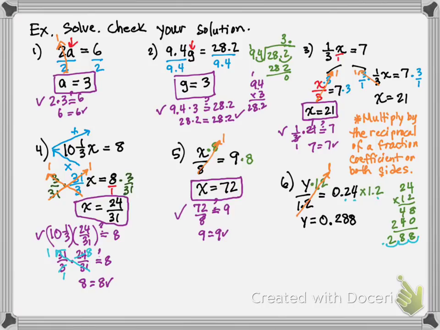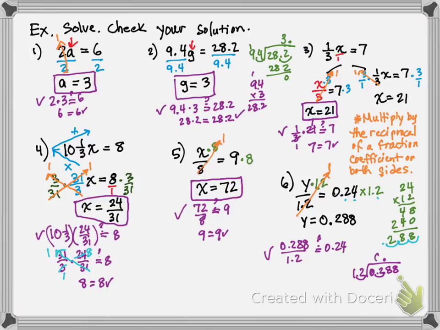288 thousandths. So we can test this and see if we're right. Let's do our check. 288 thousandths divided by 1.2, does that actually equal 24 hundredths? So long division here we're going to have to do. So we have 1.2 going into 0.288. I'm going to move the decimal point 1 to the right, 1 to the right, bring it up.